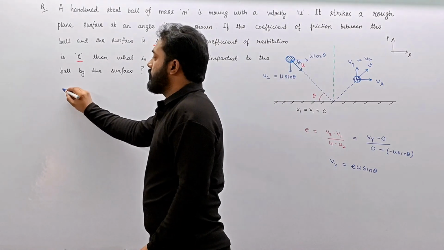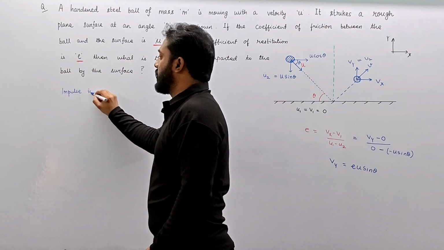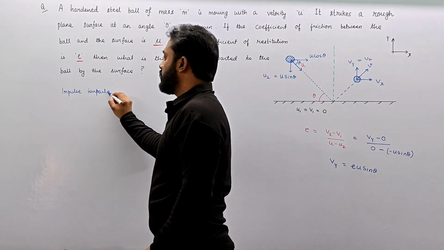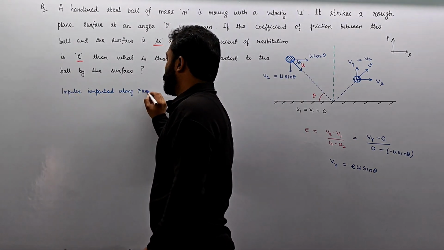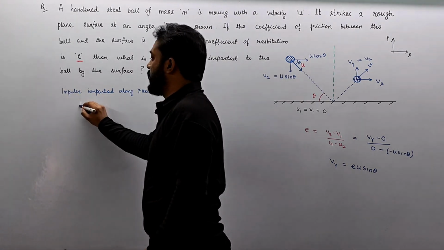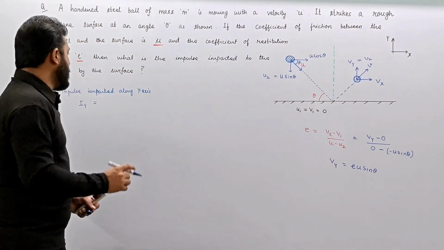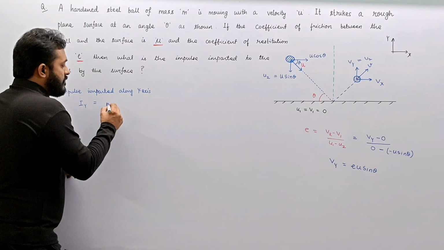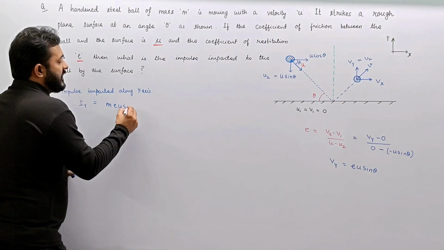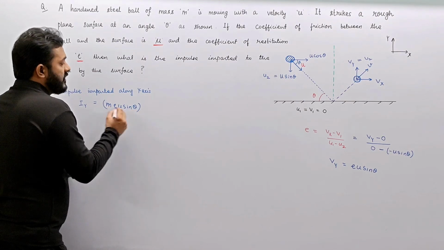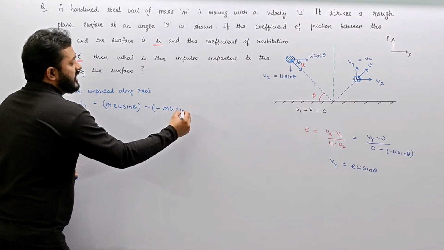Here I am writing it as impulse imparted along the y axis, Iy, and Iy can be written as m vy, which is e u sin theta, positive, minus of minus m u sin theta.